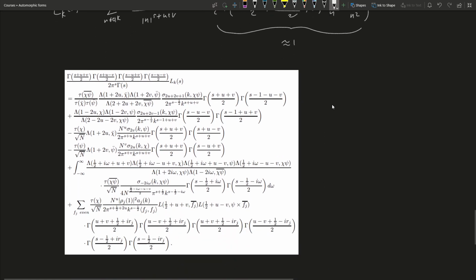And so let's break it down. These two terms come from R. These two terms come from the constant terms of V. Let me do it this way.